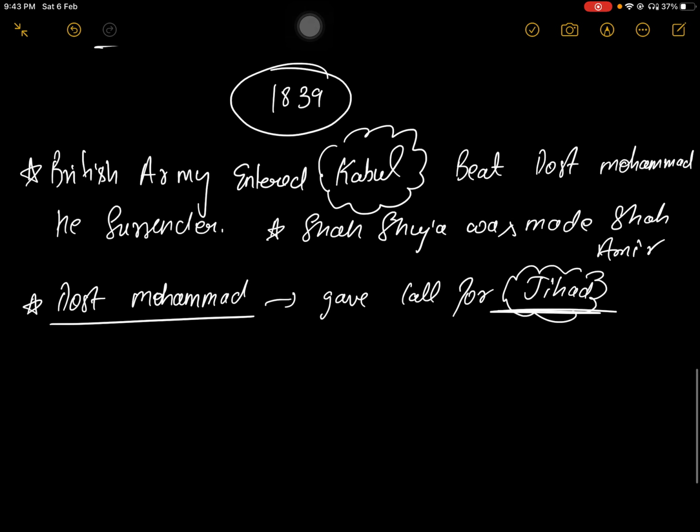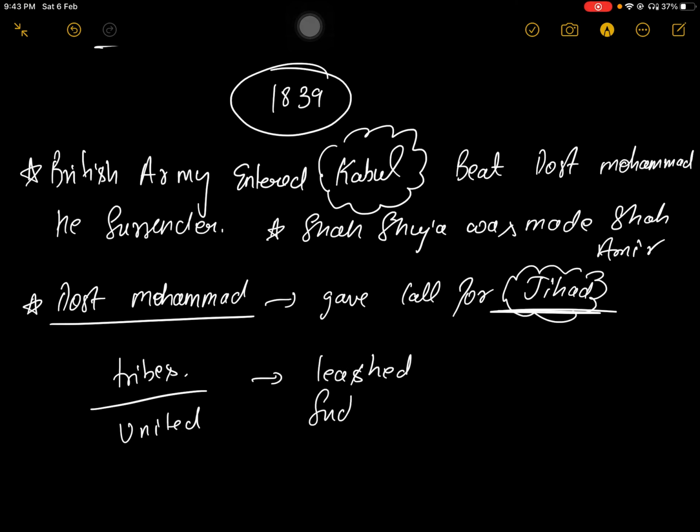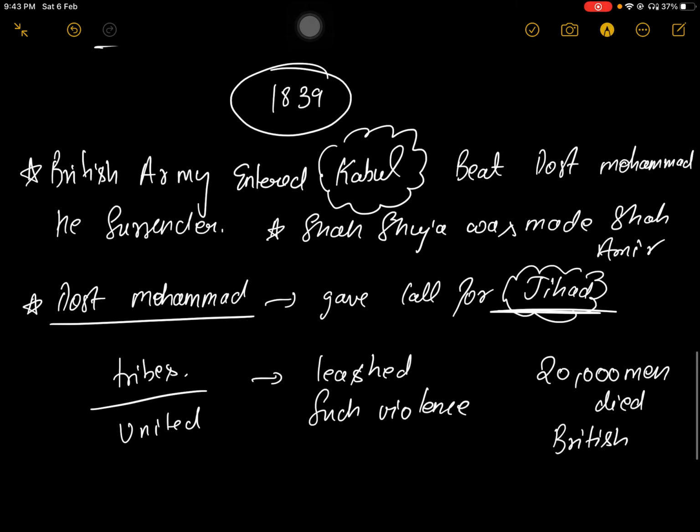And when this call of jihad came, and this is what happened today also, this radical mind, all the tribes of Afghanistan got united and they unleashed such violence that it is said that there were 20,000 men who died. English, of course, I don't know whether they were English or some Indian also, Sikh also. But 20,000 men dead.